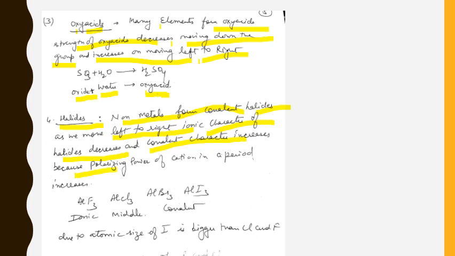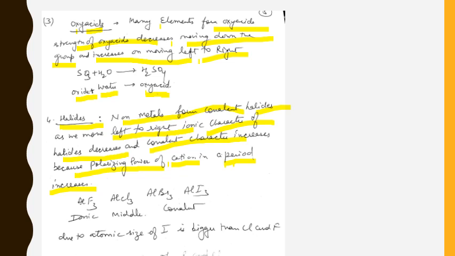Because we have seen that the polarizing power of the cation in a period goes on increasing. The charge of the cation increases, which increases its polarizing power, and the covalent character of the halides increases.